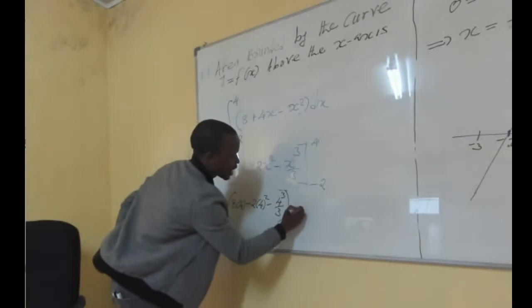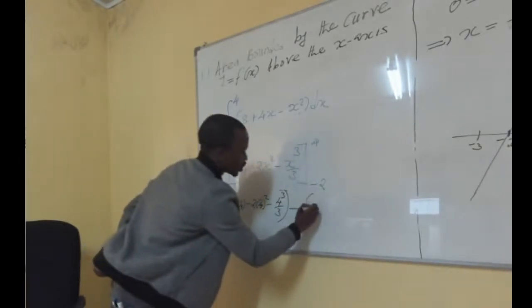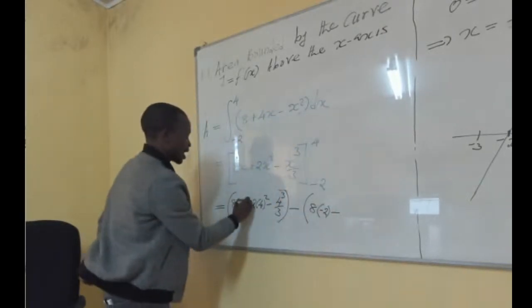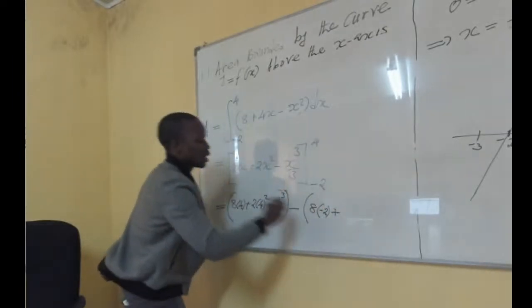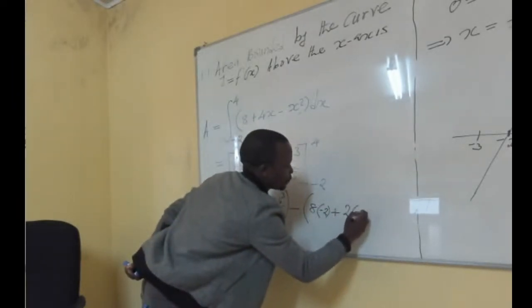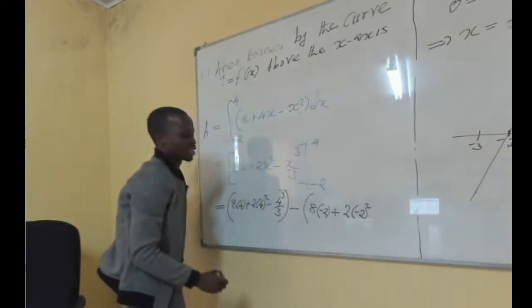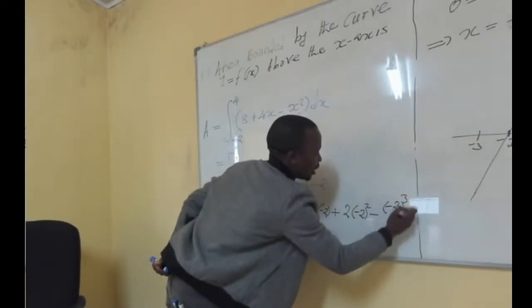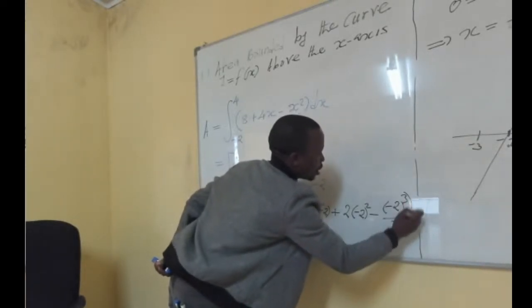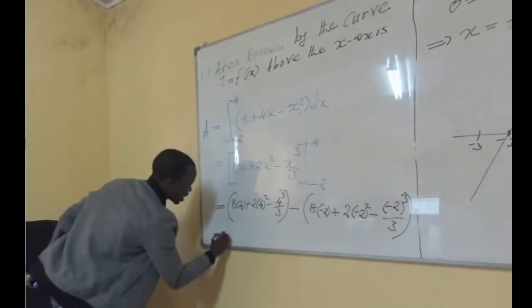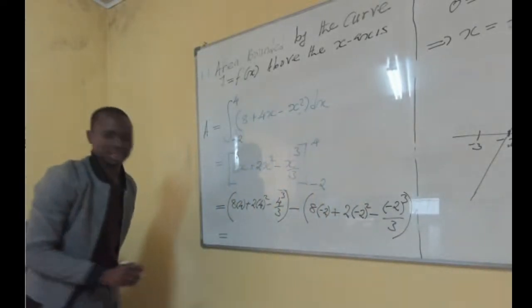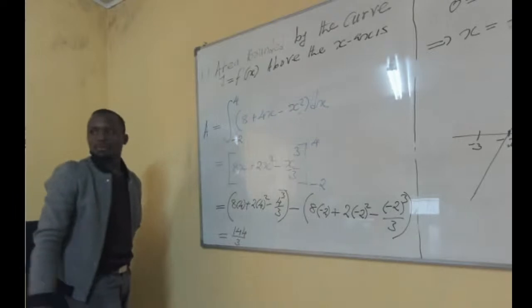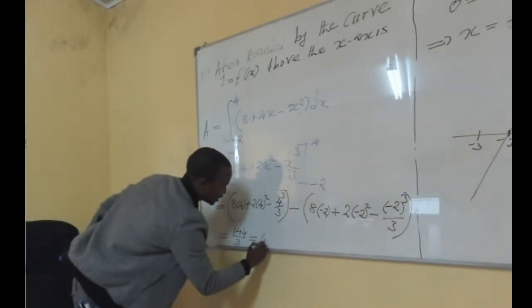Then minus, you change the limits, 8 times negative 2, plus 2 multiplied by negative 2 squared, then minus negative 2 to the power 3 over 3. Now, when you simplify this numerically, what you're going to get is 144 divided by 3, which will give us 48.